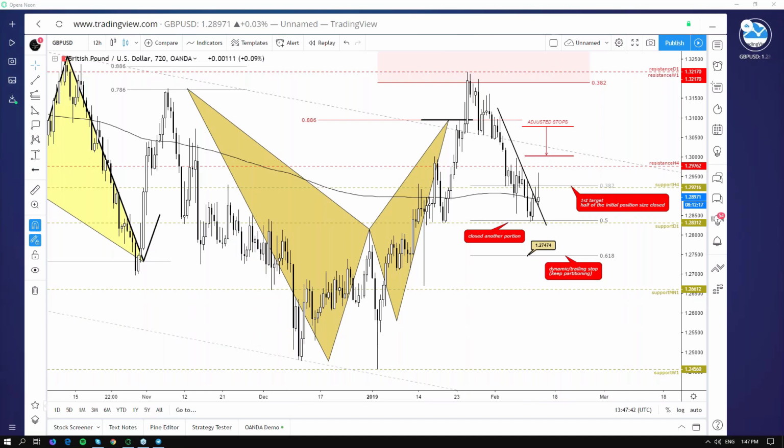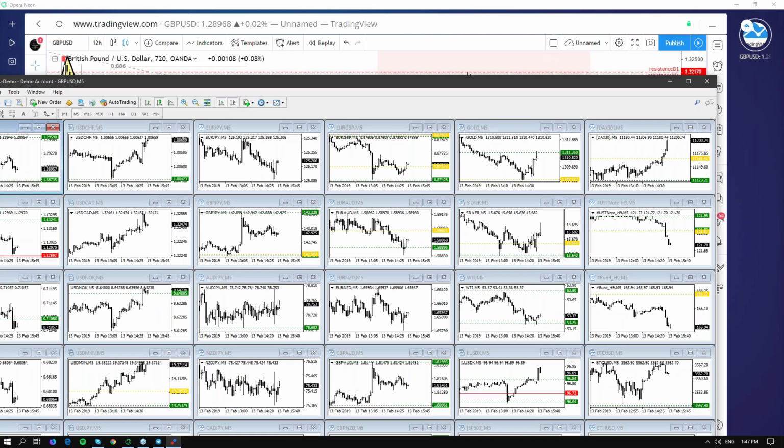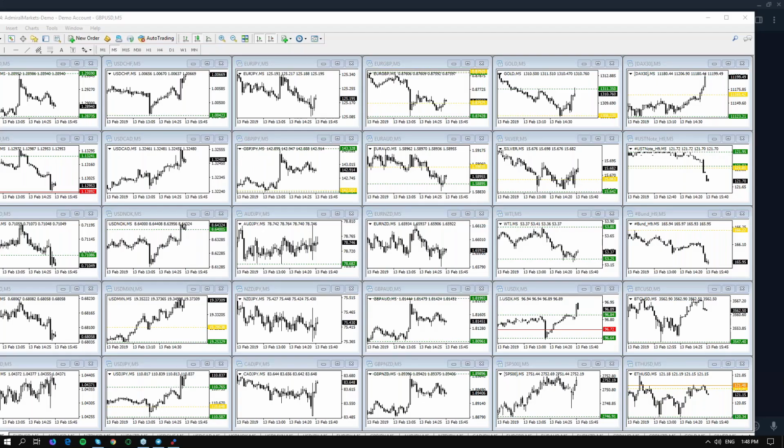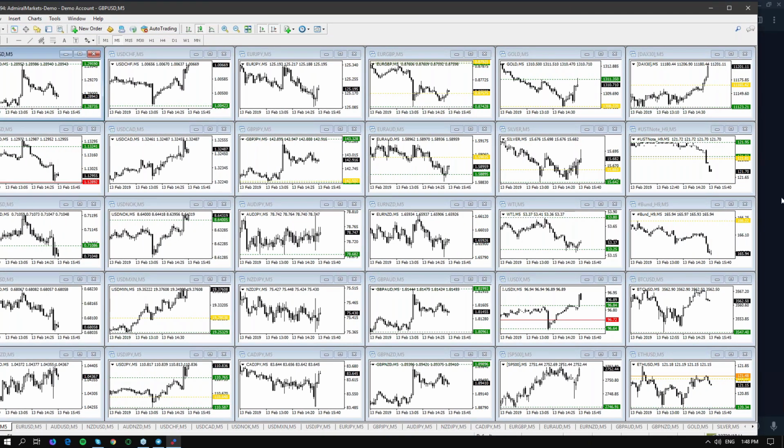Well, can you see my screen? I'm not sure which one I shared, the MetaTrader or TradingView. Pound US dollar, TradingView. Great. Let me just change my screens here. I need to change to my left screen. Oh, it says the other monitor, so I stop sharing and then reshare the other monitor.